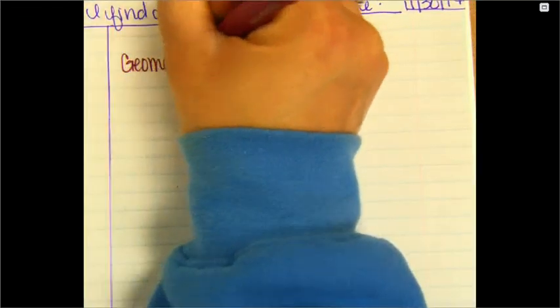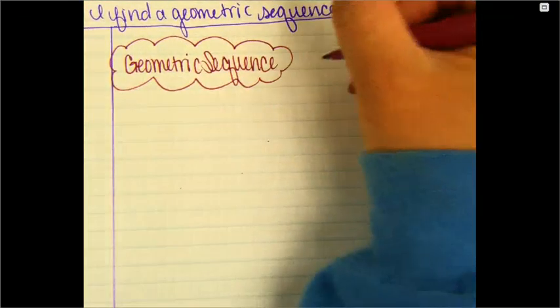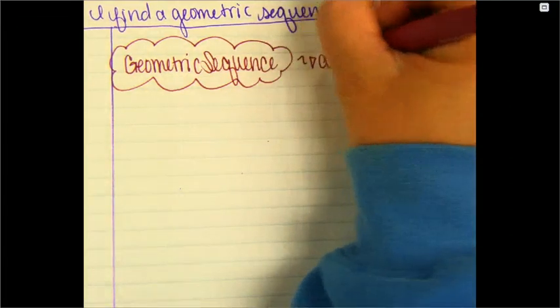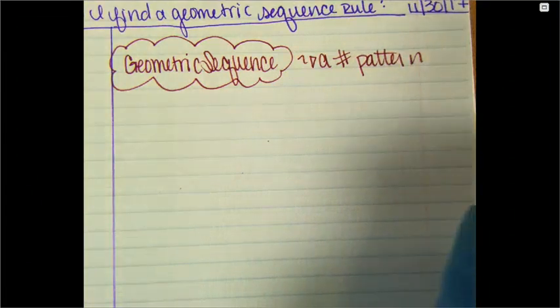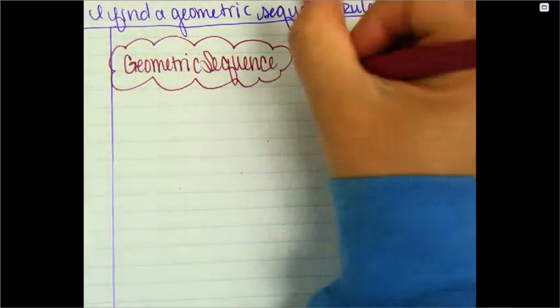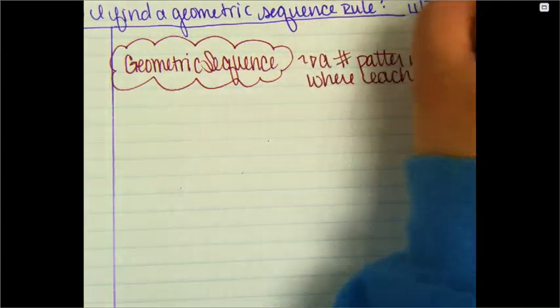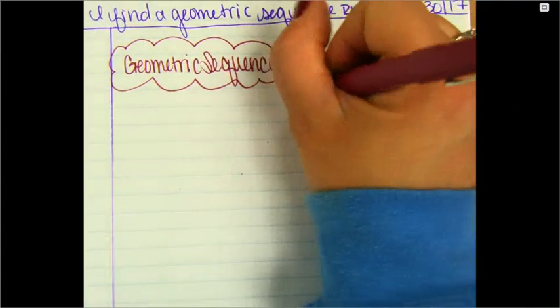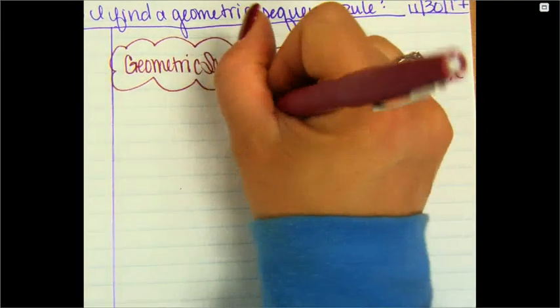Geometric sequence. Let's remember what it is. I'm not going to write the whole definition. I'm just going to make a little bit, because we read it the other day. It's a number pattern where each term after the first is multiplied by what?